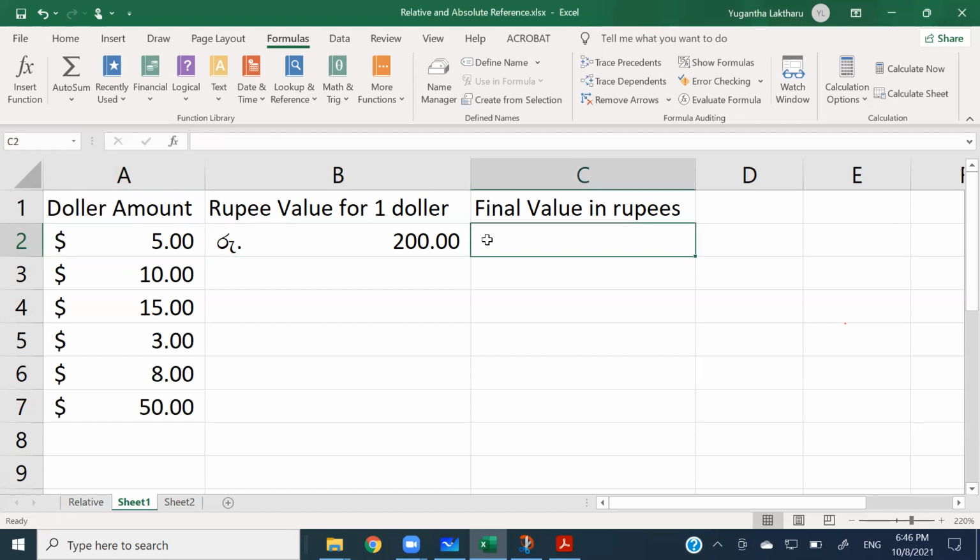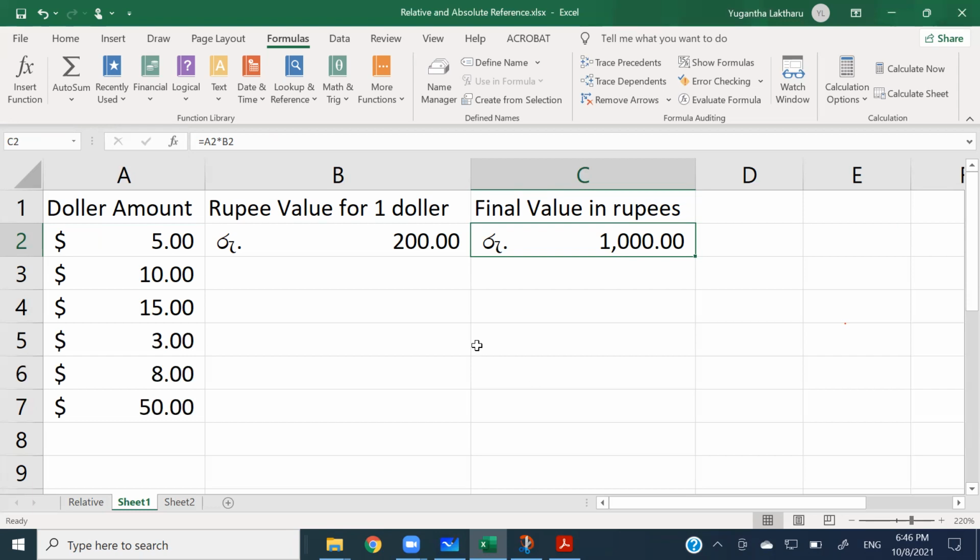So to have that answer, I can write equals A2 multiply, that means the star mark, by B2. And if I press enter, it has given me 1000, right?